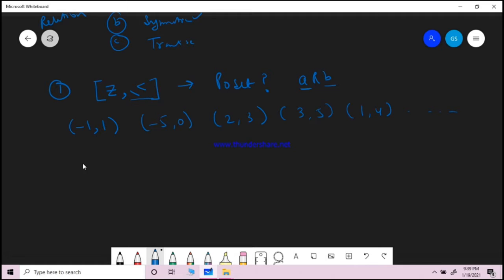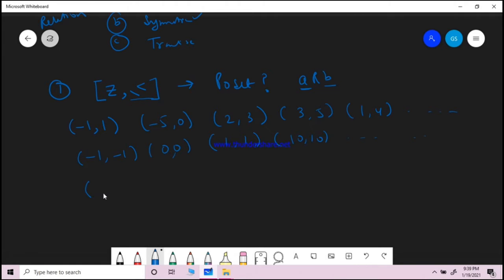Then let's consider the pairs where both the values are the same, as we have to satisfy the reflexive property. So -1 and -1, they are equal. This could be 1, 1, 0, 0, or simply 10, 10, or anything, any diagonal element. This also satisfies the less than or equal to property.